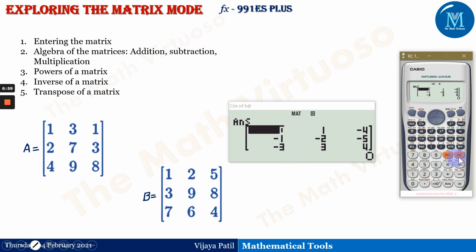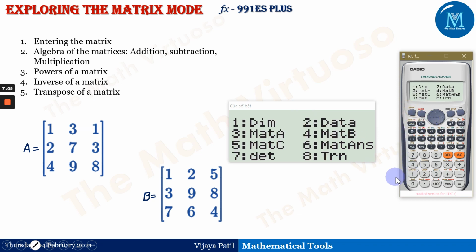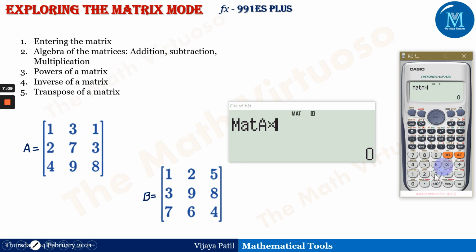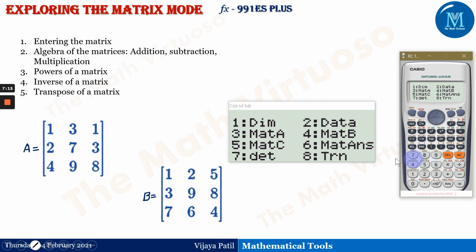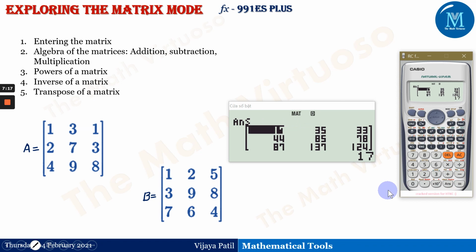Right? Let me do the multiplication here. Shift 4 because I wanted to call Mat A. So 3, multiplied by Shift 4, Mat B is 4. So 4 equals to. So this is nothing but a multiplication of these two matrices.